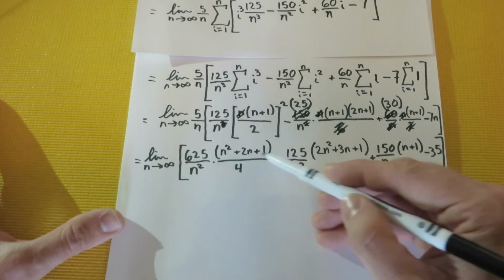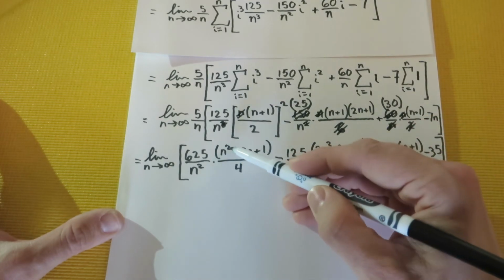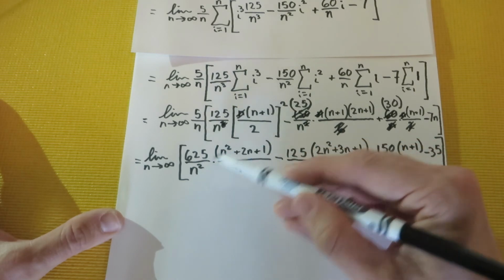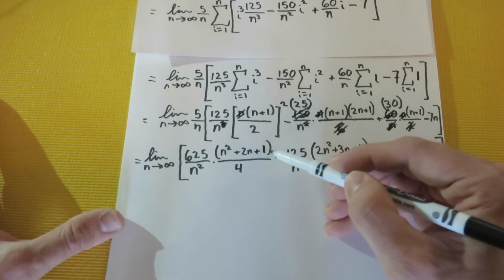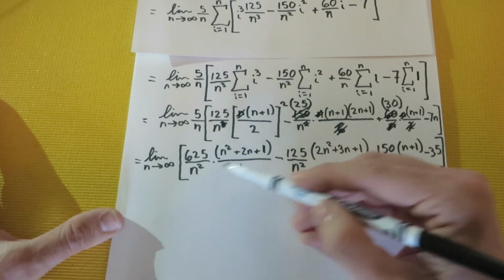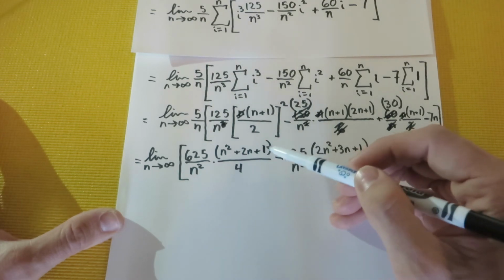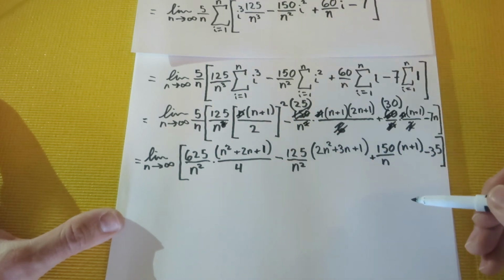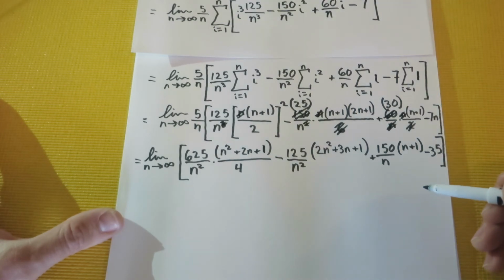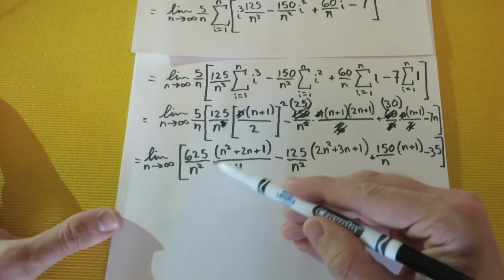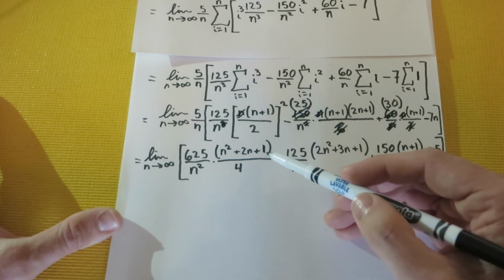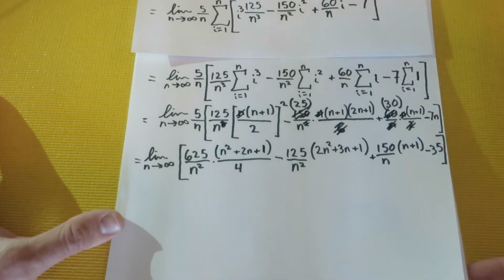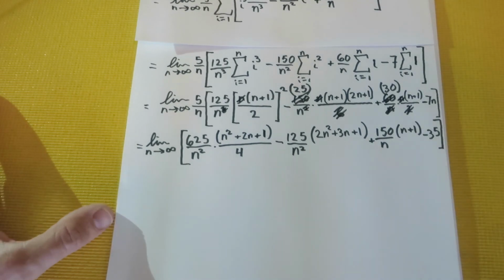That's just going to get multiplied by this, and there are some n squared terms here that are going to cancel out with the denominator, and then there's some n terms, or just some constant terms here that will not cancel out, and as n approaches infinity, they will just go to 0. So we can jump ahead, or think ahead, and think about what terms are essential here to our evaluation. What terms are not going to go to 0 as n approaches infinity? And that's what we're going to do in our next step here.